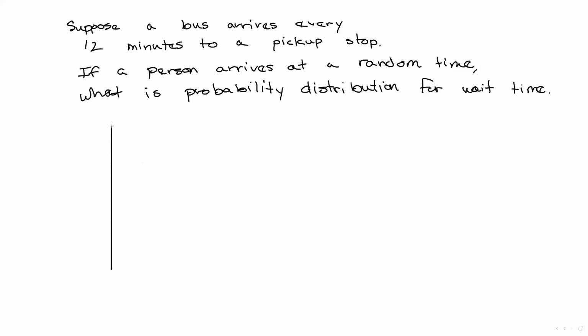However, it's very simple data, and so you can graph this. Now, I'm not saying that you'd think to graph it this way, but when you see it, you can. So potentially you could wait 0 minutes. You could walk right up and immediately get on the bus, or you could wait 12 minutes, so the bus leaves just as you're walking up.